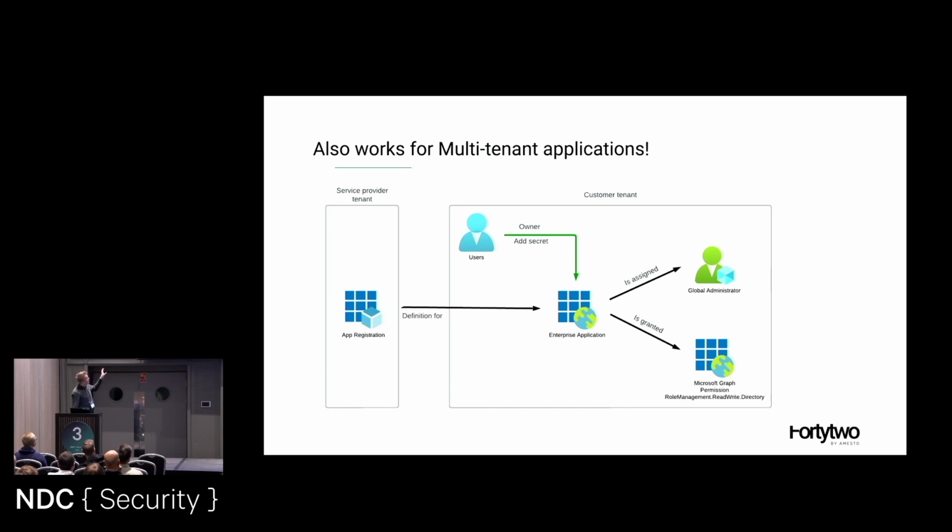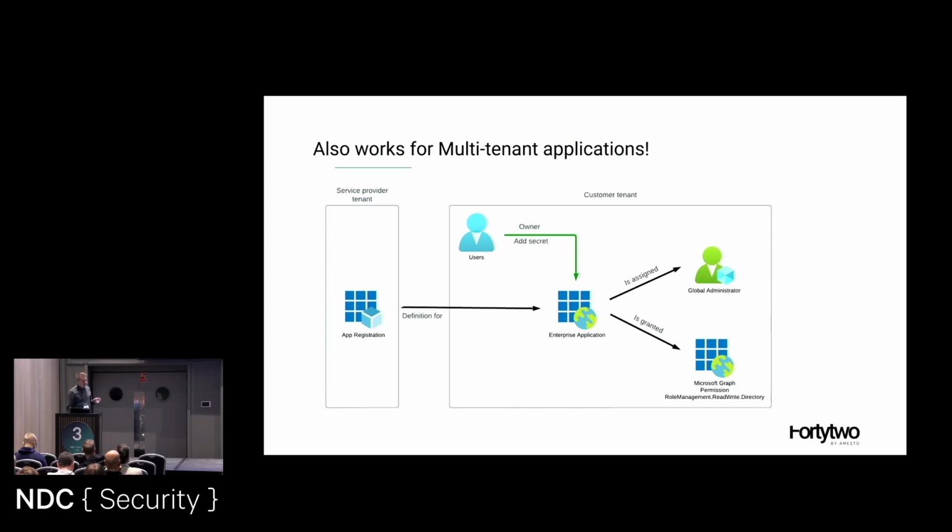Because in a multi-tenant application world, the app registration is in the service provider's tenant, while the enterprise app, the instance, or instances, because you can have multiple instances at different customers, these credentials can be added, meaning that it will look like you are doing stuff with your multi-tenant app in the customer environment, even though the secret is actually in the customer environment.